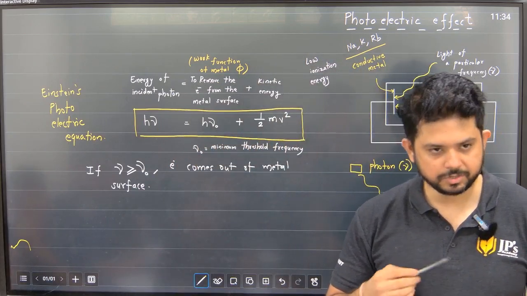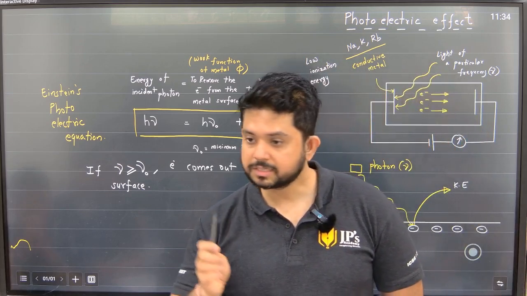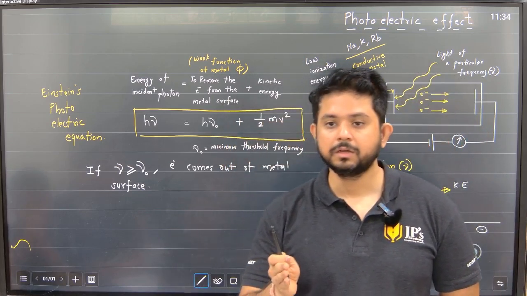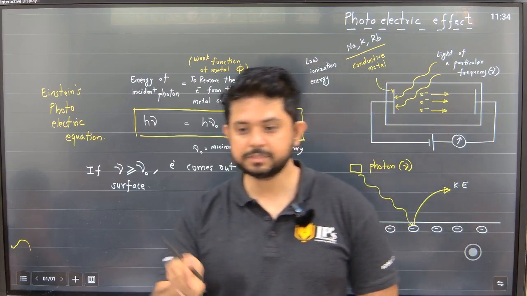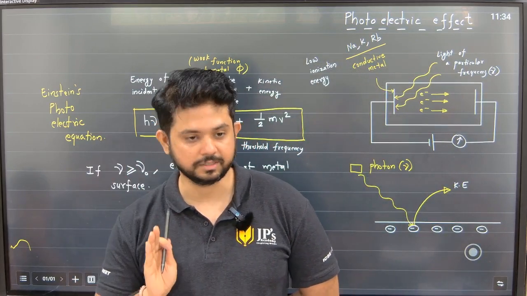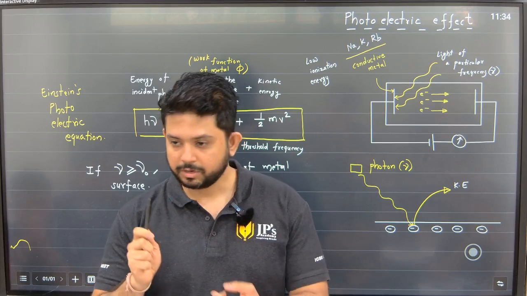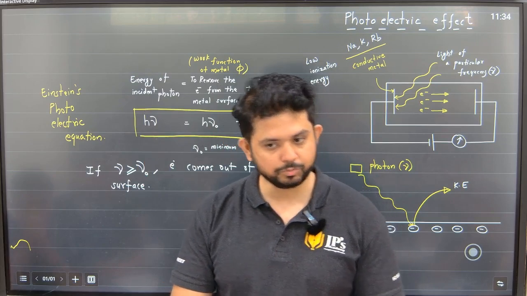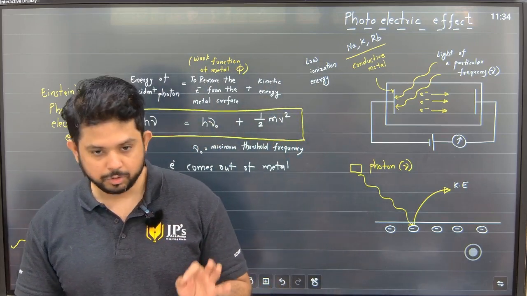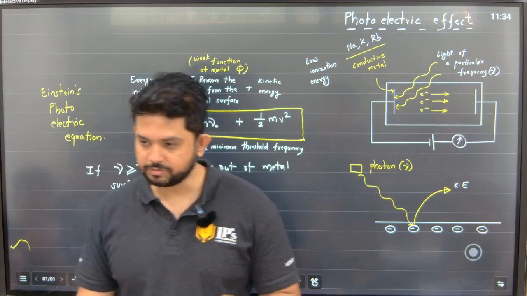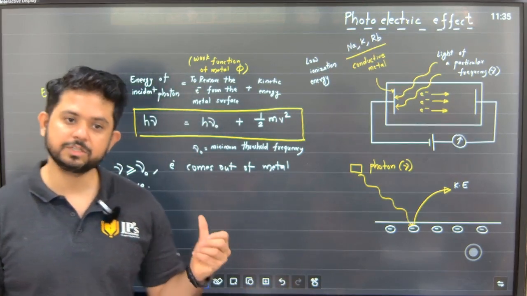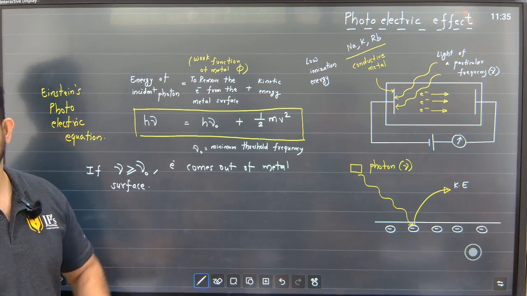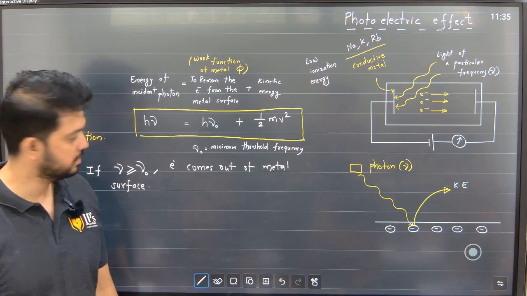And this is extremely important. This confirmed one of the theories of particle nature of light. So for wave nature of light, there is interference and diffraction to prove it. But to confirm particle nature of light, one of the experiments which confirms that is the photoelectric effect. With me till here?